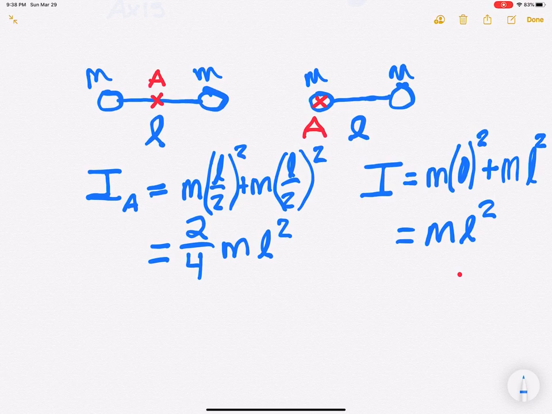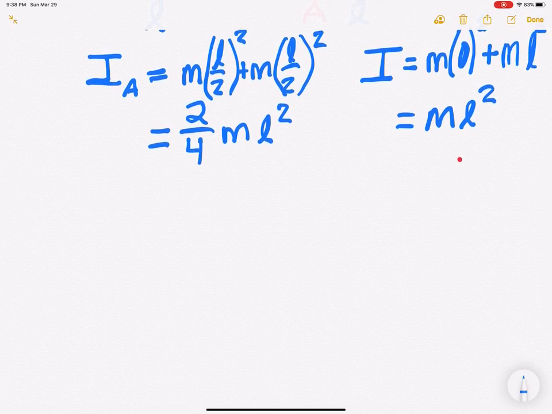The one on the left, we're rotating it around the middle, so it's kind of like a baton or a dowel rod, anything you're going to spin around the middle. A pencil for all you guys who can, and girls out there who can do that little trick. But if we nail one end of it down, allow it to rotate, but nail it down, we get a different moment of inertia.